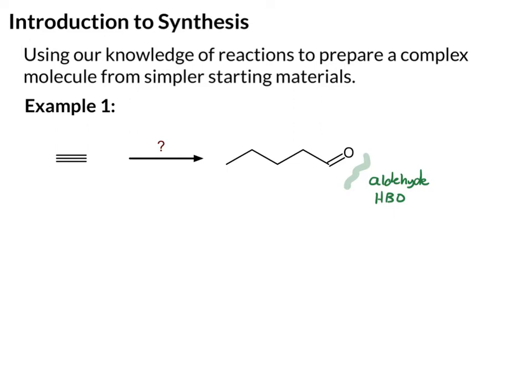If you look, we have 2 carbons in the alkyne. And one of those carbons can become the aldehyde, and then there's the second carbon. So what have we added? We've added 3 carbons to the chain. How do we add carbons? Through an alkylation.